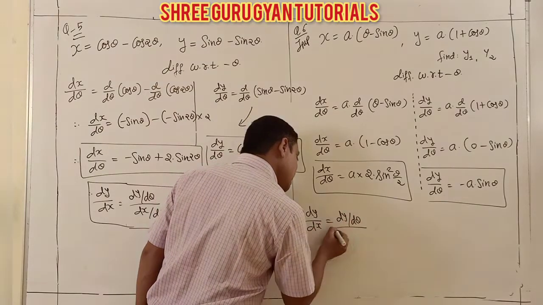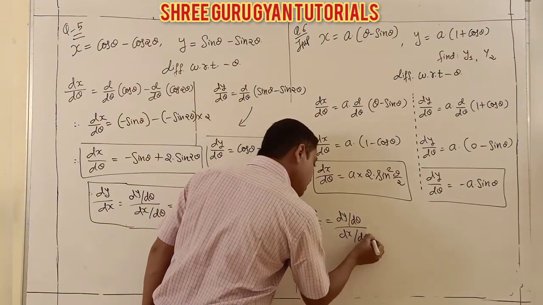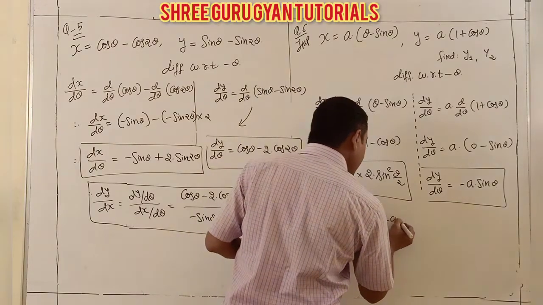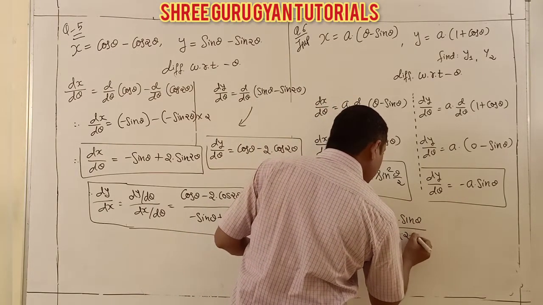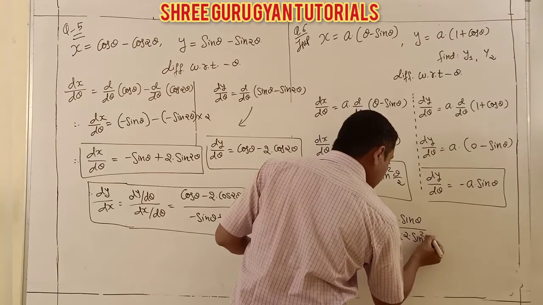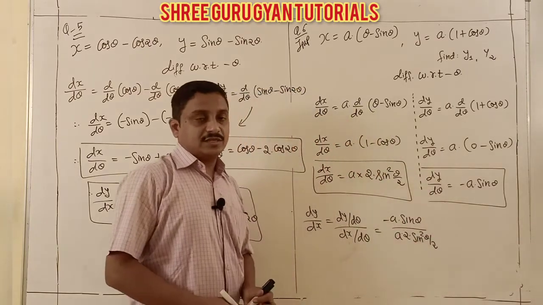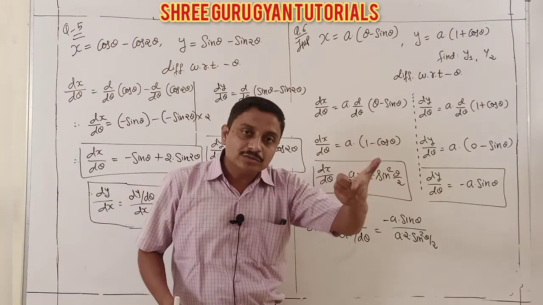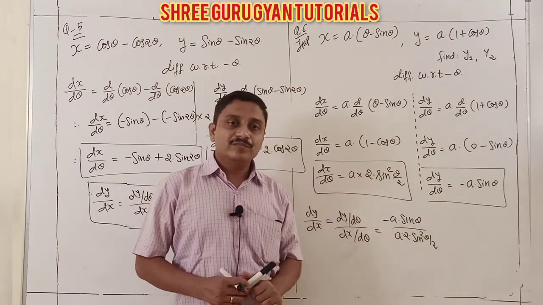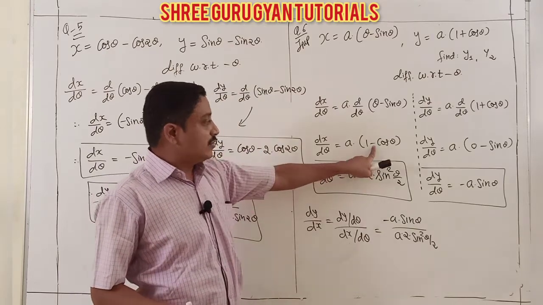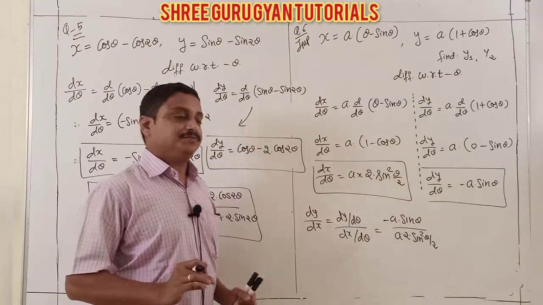Now I want the first dy by dx. dy by d theta upon dx by d theta. Value is ready. Minus a sin theta by 2 into a into sin square theta by 2. Yes, students, this sin theta formula is known in the form of theta by 2, because it is actually coming from the 1 minus cos theta formula.